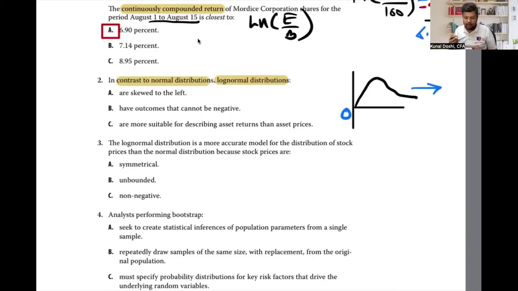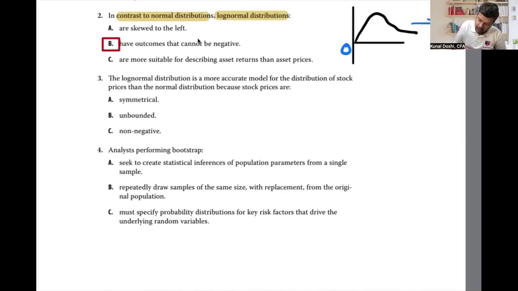Are they skewed to the left? No. Have outcomes that cannot be negative? Yes, because it is bounded by 0 on the left. It cannot go below 0. Asset prices cannot go negative. Clear? Understood? Any questions, anyone?